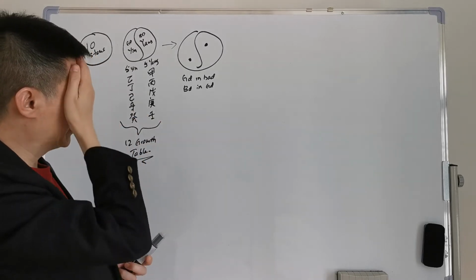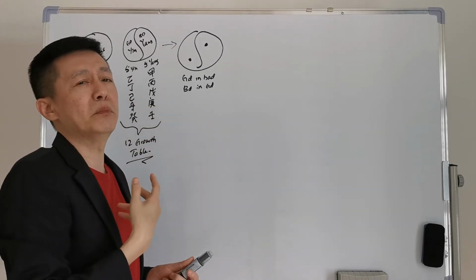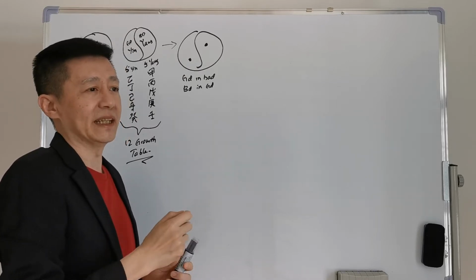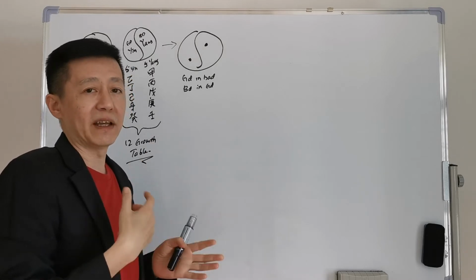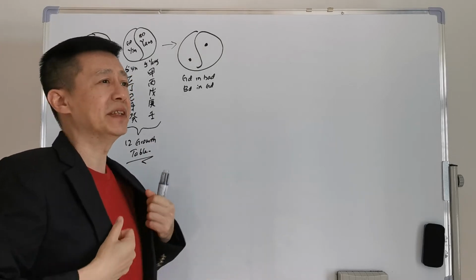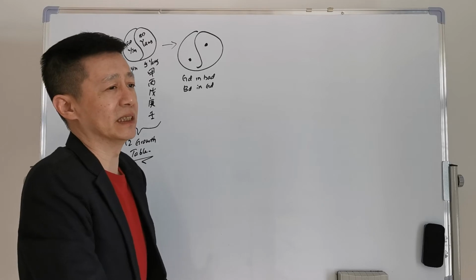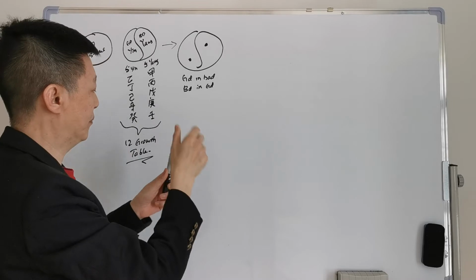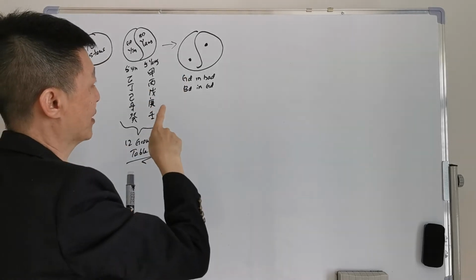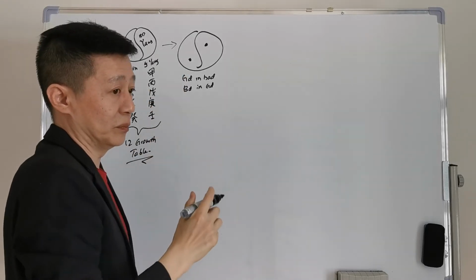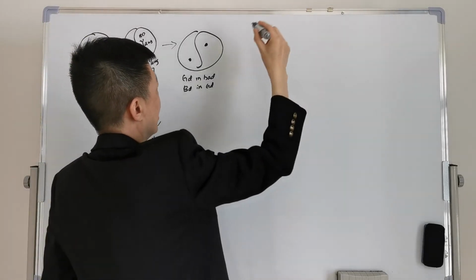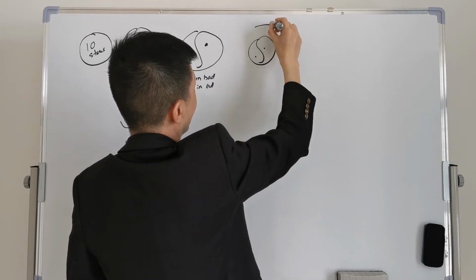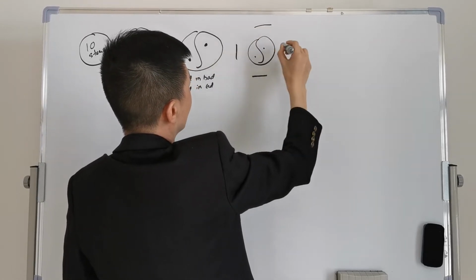Just really Taiji, there are so many real life aspects of reading that happen in everyday life. It's just that people don't really understand, right? So now you understand this, then this Taiji becomes Bagua.